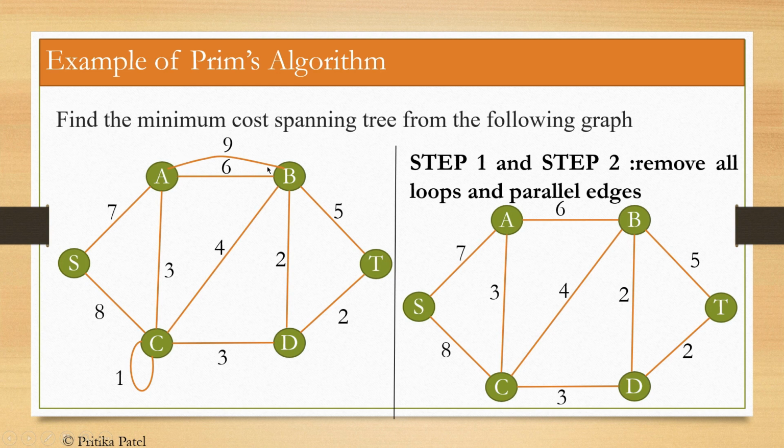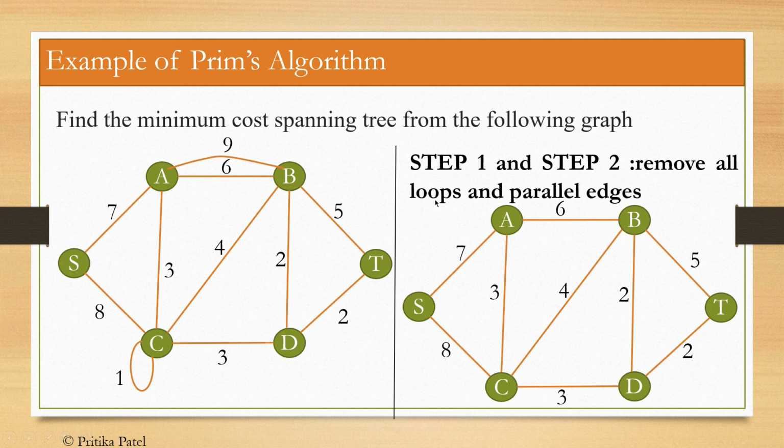A to B has two edges, one with weight 6 and another with weight 9. In this graph, vertex C has a self loop, because it starts and also ends at this vertex.